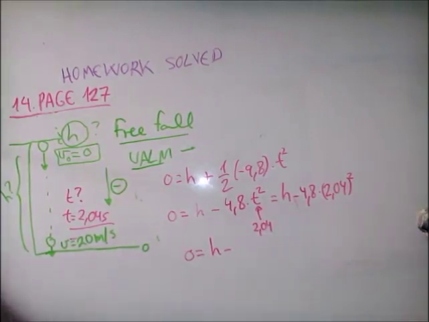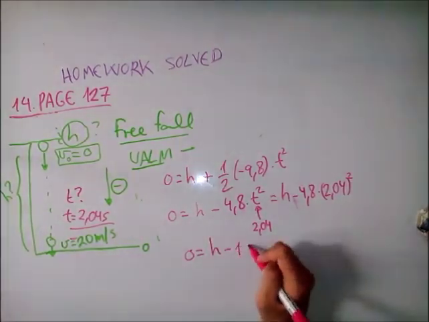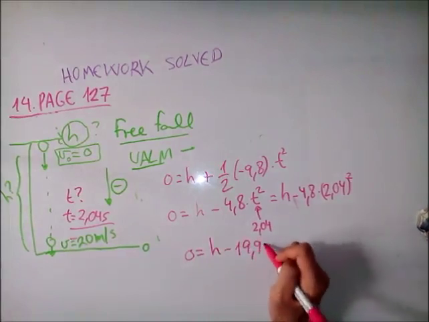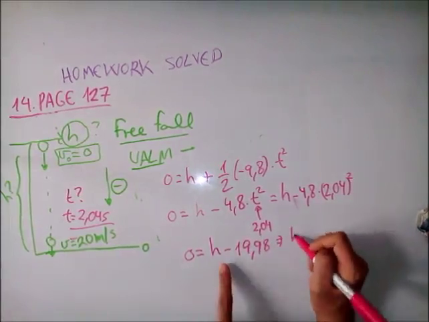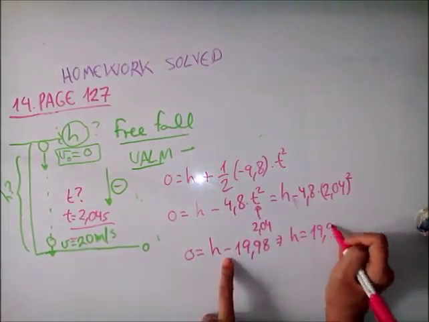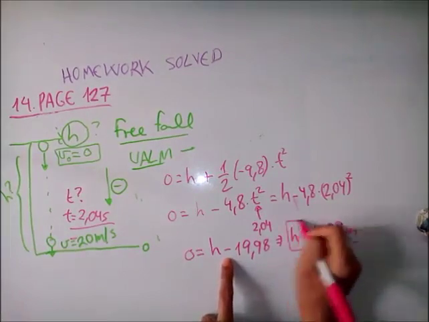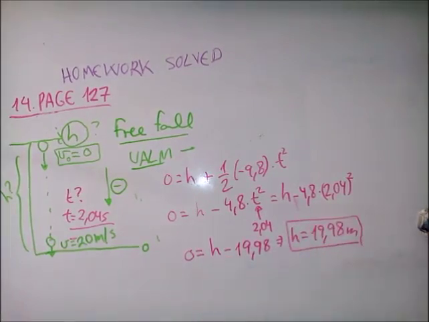This would be 4.9 times 2.04 squared, which gives me 19.98. So we get that h is 19.98 meters, which is what they were asking me for.